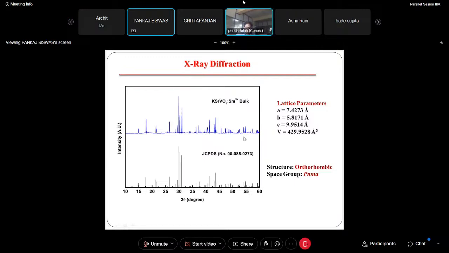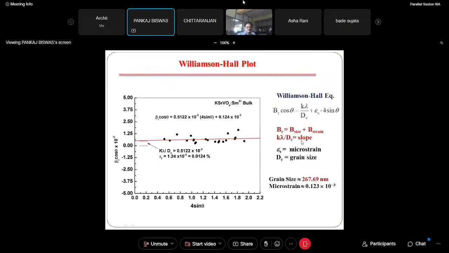Now we have the X-ray diffraction. The XRD pattern is quite in resemblance with the JCPDS card shown in the figure, and the studies show that the phosphor crystallizes into an orthorhombic structure with the space group Pnma. The lattice parameters and the volume were calculated, followed by the Williamson Hall plot for crystallite size estimation along with microstrain calculation.